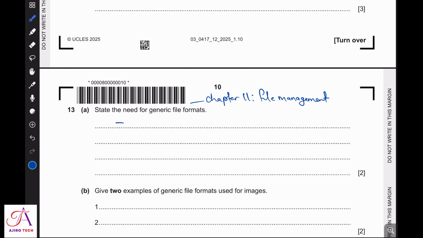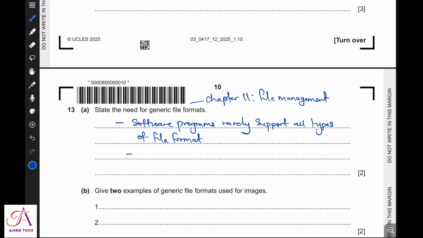The first I can talk about is software programs rarely support all types of file formats.